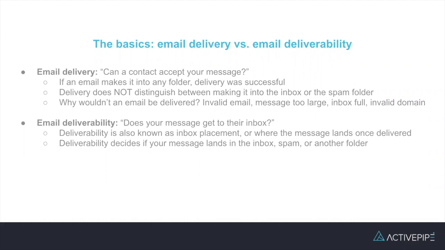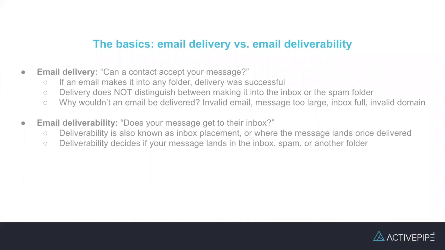Next, that brings us to deliverability. Once that email is delivered to the recipient, where does the message actually land? What we're talking about is inbox placement, where it ultimately lands once it gets to that recipient. More specifically, which folder did the email end up in?